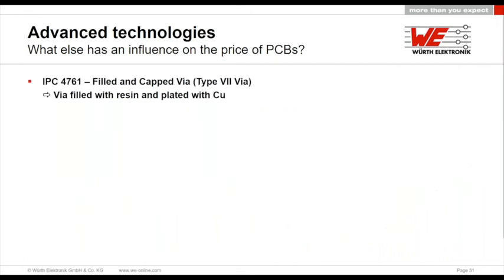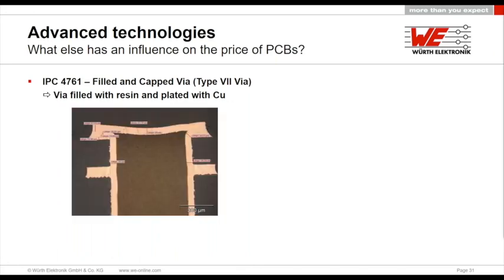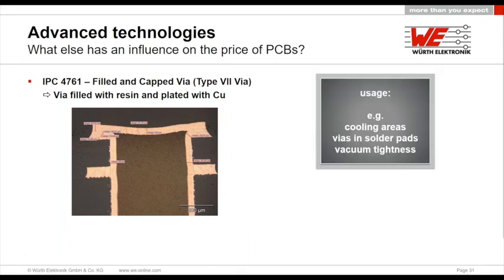Next point, and I've already mentioned this during an earlier point in this presentation, wires filled with resin and plated with copper, the so-called filled and capped wire type 7. The question always is, do you need this kind of build-up? We know that there are a lot of applications for this.